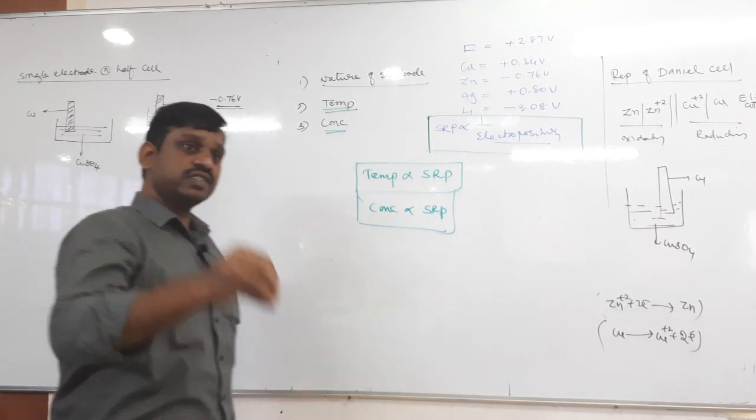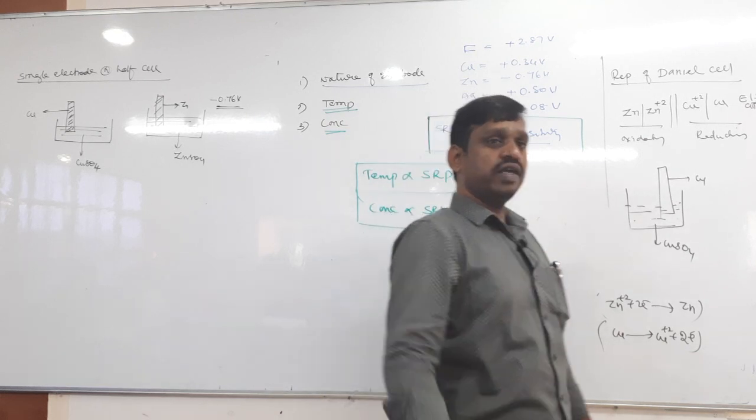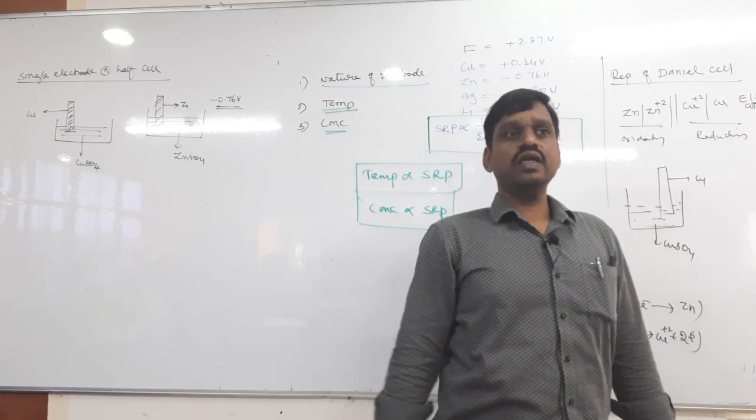An electrode placed in a solution of its own ion is called a half cell, or nothing but a single electrode.